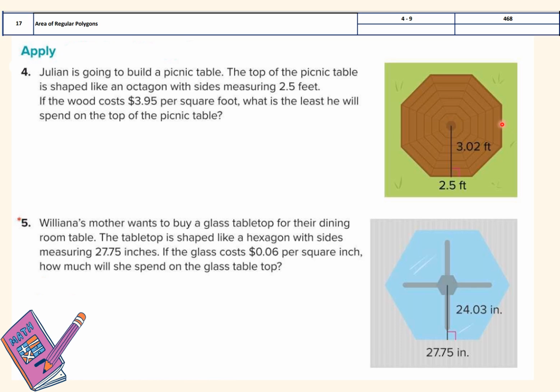In addition to that, I can divide the octagon into 8 identical triangles. So the plan is to find the area of each triangle, and then multiply that area by 8, since I have 8 triangles. Then I'll find the cost. So finding the cost is going to be the last step. Let's find out.